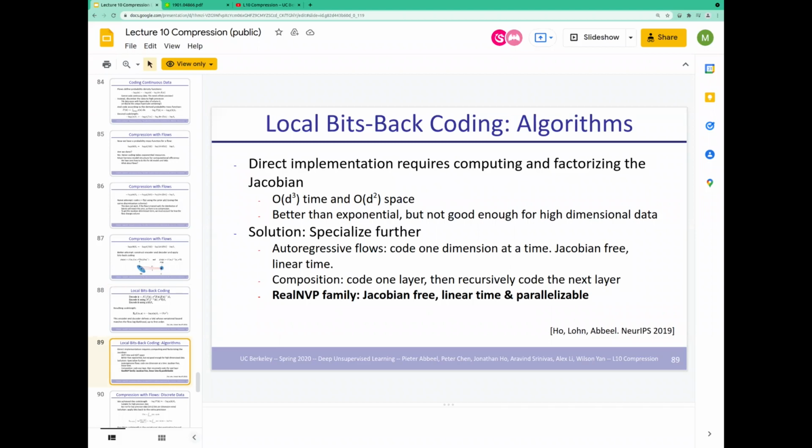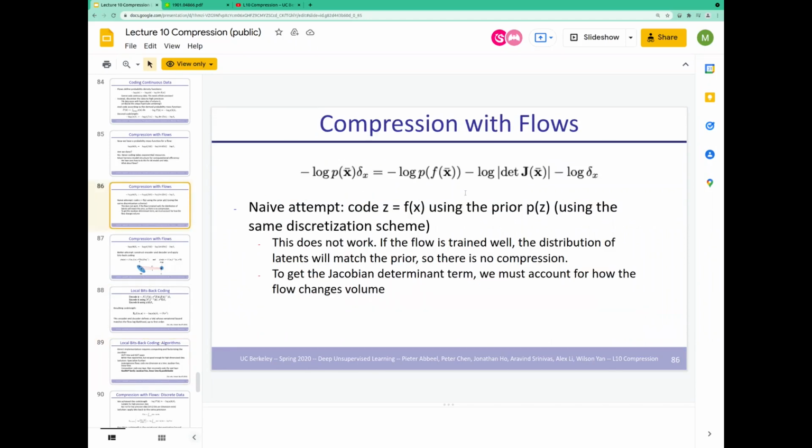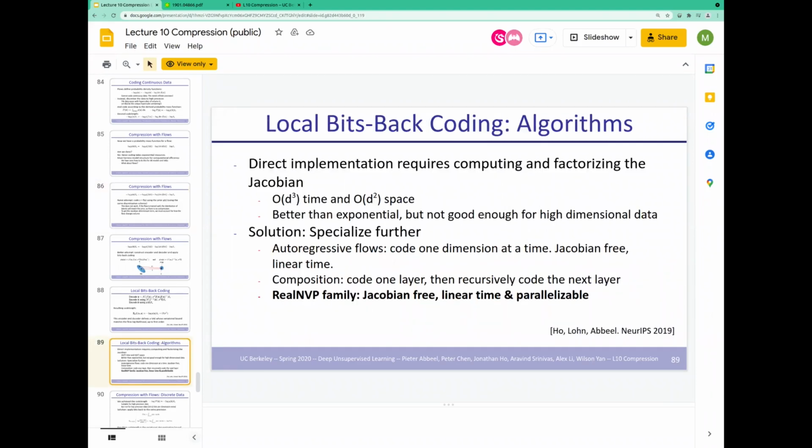And they have other techniques. If you have the direct Jacobian, I believe there's the Jacobian here, and you have to directly factorize it.